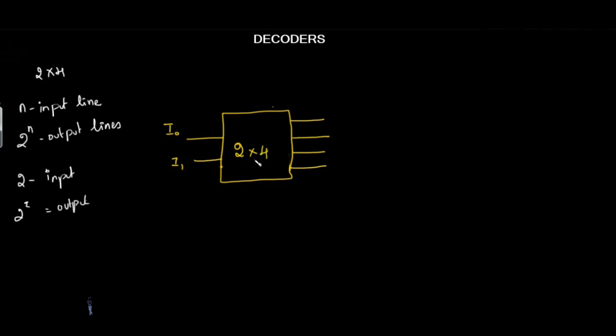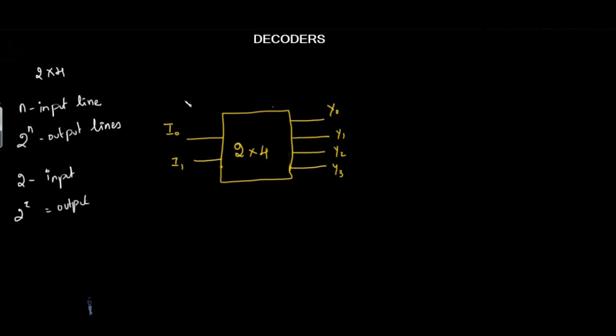So this is a 2x4 decoder. Whatever comes from the input lines will be decoded and sent through the output lines. The output lines on the side we can mention as Y0, Y1, Y2 and Y3.